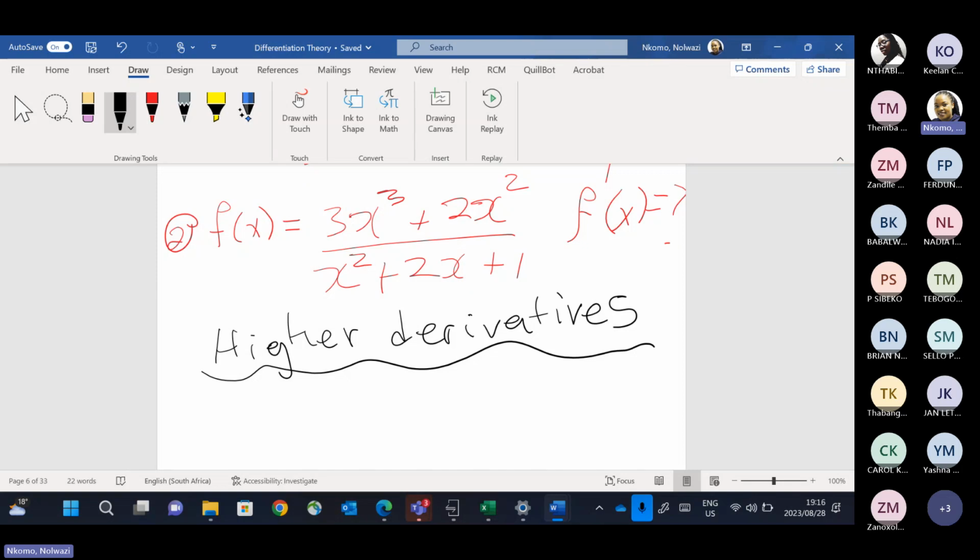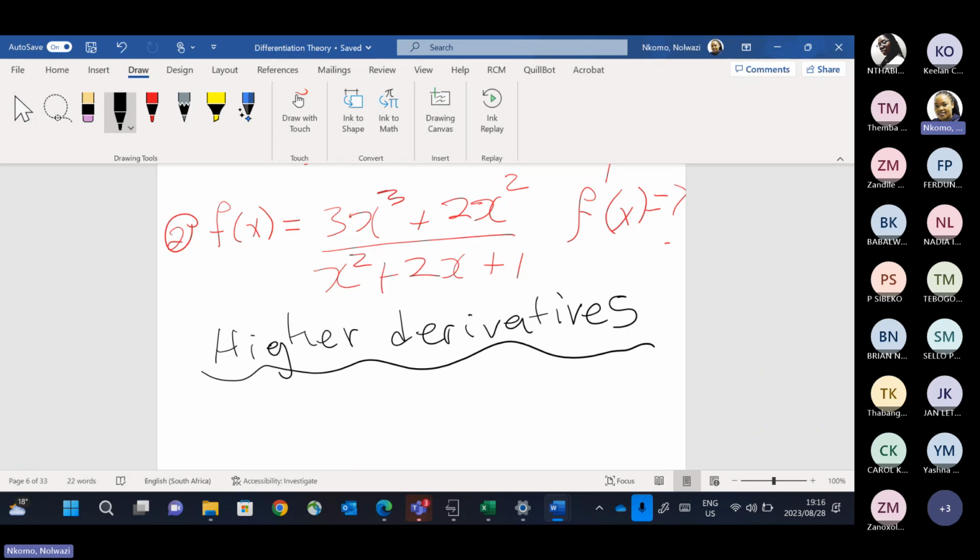And besides that, we use higher order derivatives to determine the maximum, the minimum, and the point of inflection, right?